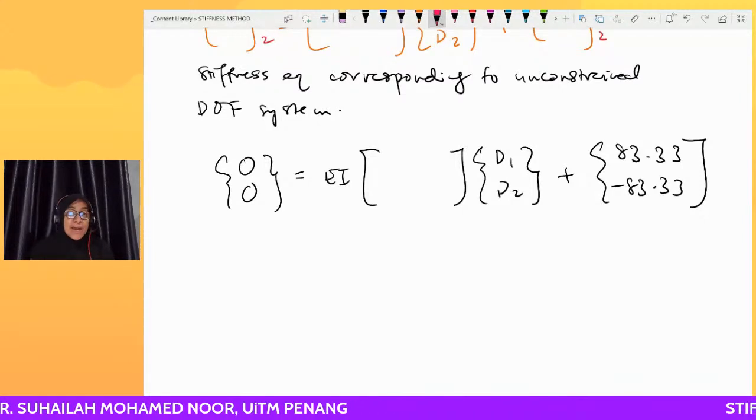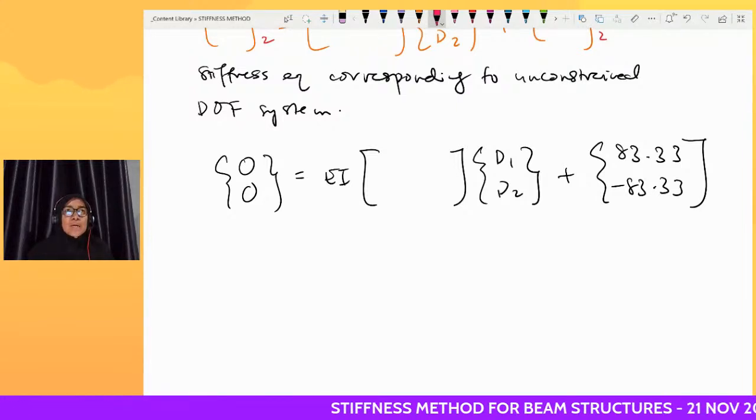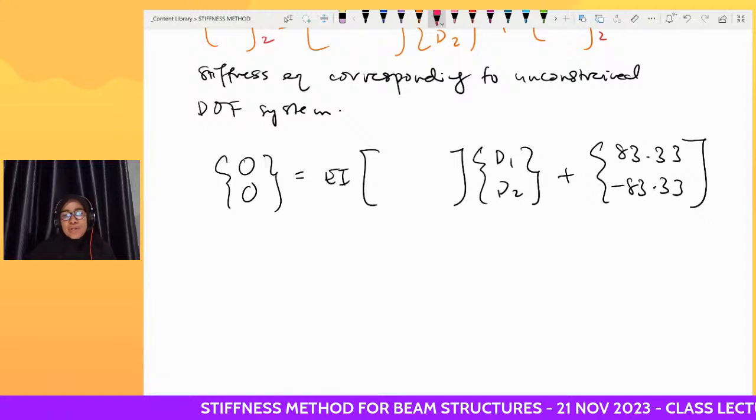So we simplify this because this unknown displacement, we will get from two simultaneous equations.